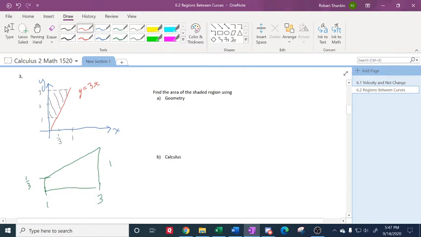So the average height: one-third plus 1, add the two numbers, divide by 2 to find their average. That's 4/3 times 1/2, because you flip this one, and then you get 2/3. So halfway in between is 2/3.